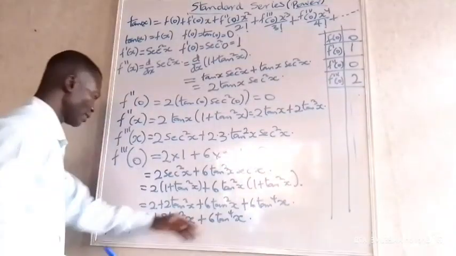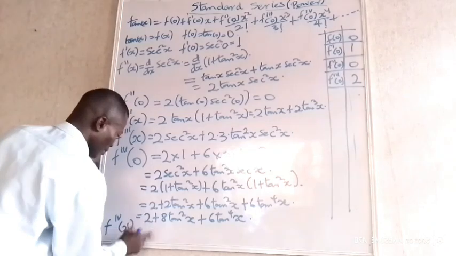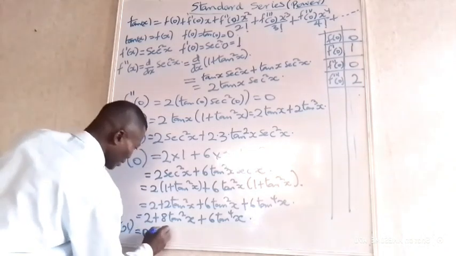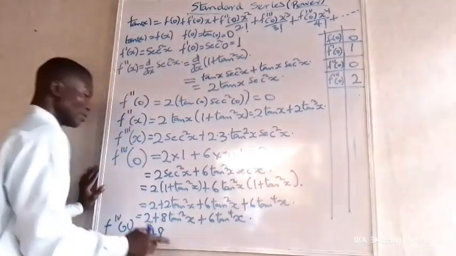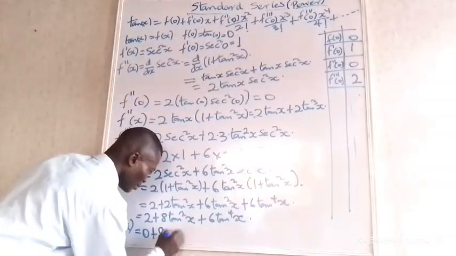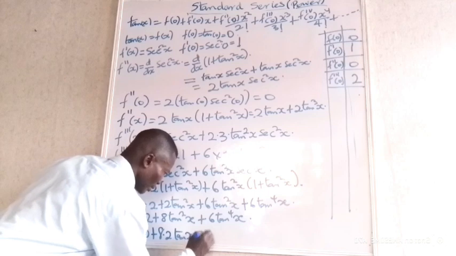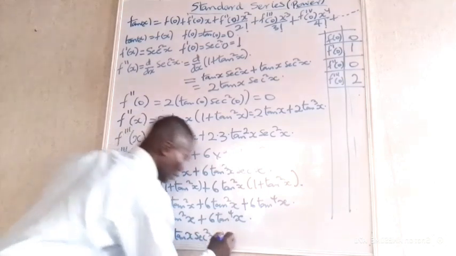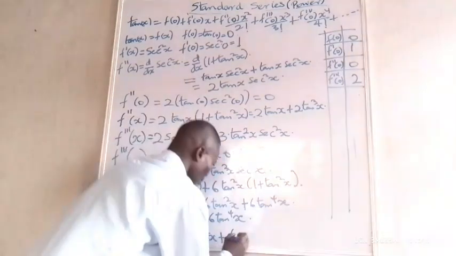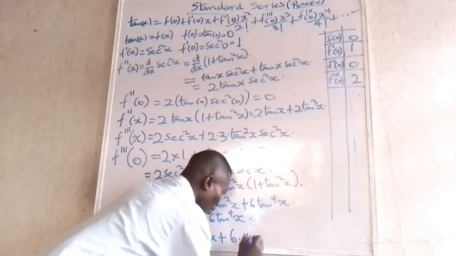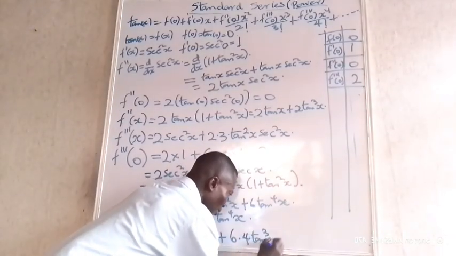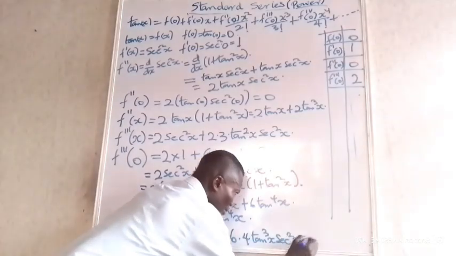Now if I want to get the fourth derivative f4, I'm going to differentiate this. So this is going to give me 0 plus 8, and this is going to give me 2 tan x sec squared x.